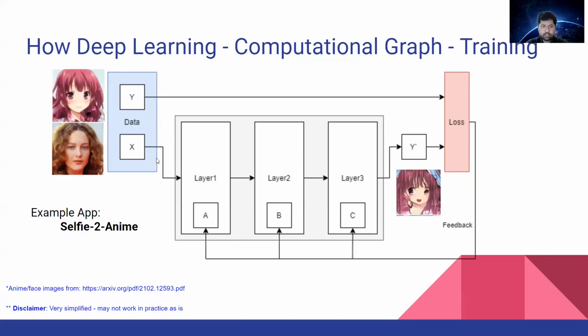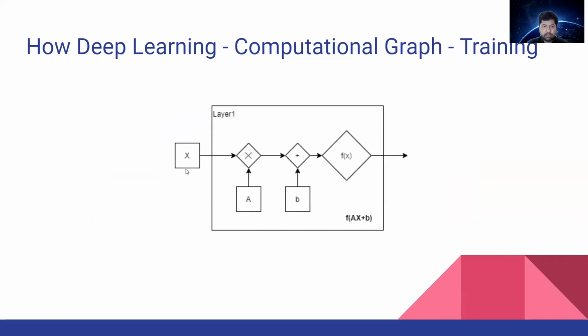As you can see, it consists of lots of layers. In simpler terms, every layer is something like a mathematical function with lots of parameters. These parameters A and B are usually learnable, and then we have a mathematical function.